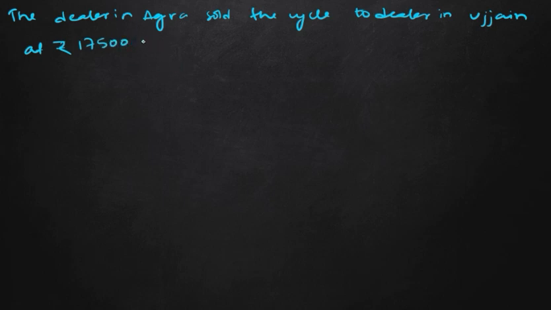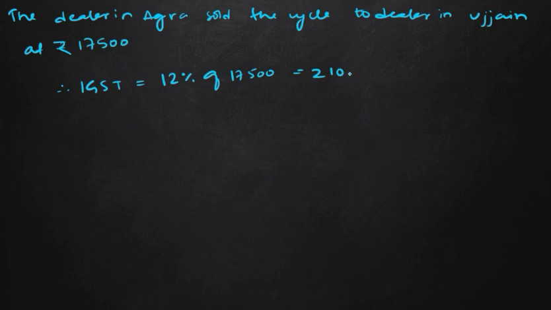So as it is an out of state transaction, not an intra-state transaction, this will be IGST. So IGST will be 12% of 17,500, and if we calculate this we will get 2,100.